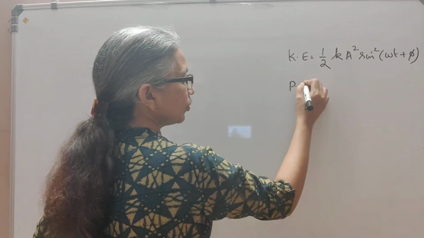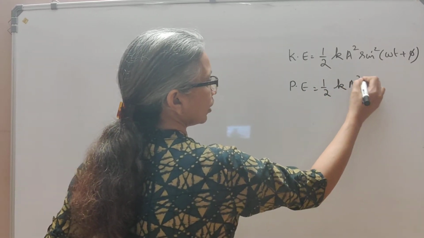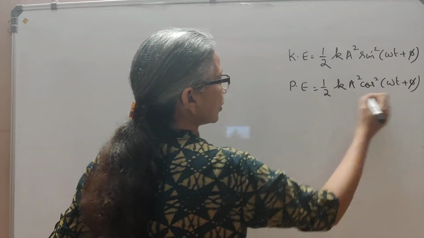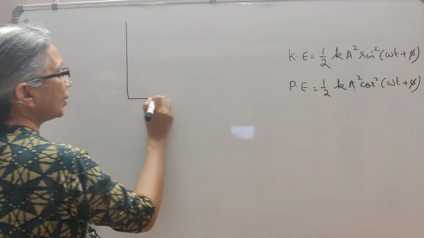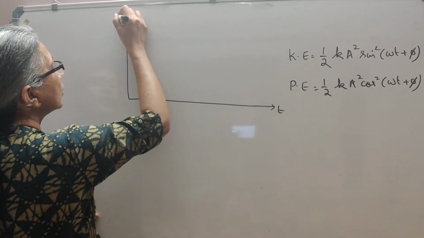And potential energy we know is half k A square cos square (omega t plus phi), because you substitute for x. So if you're going to show the variation of energy with time, we have here the energy.